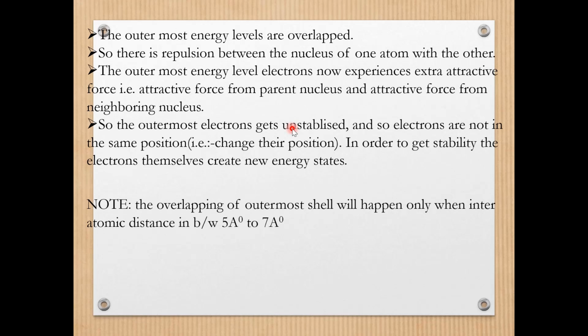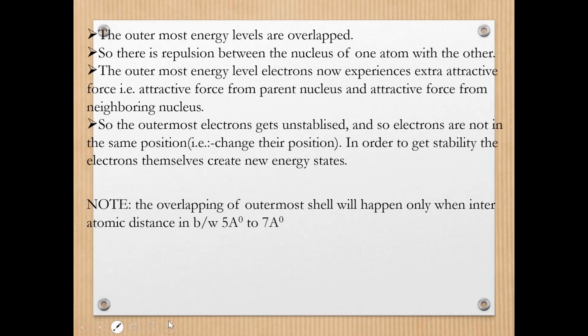So the electrons do not stay in the same position and change their position in order to get stability. So they create new energy states. A very important note: the overlapping of the outermost shell orbitals will happen only when the interatomic distance is between 5 and 7 angstroms.